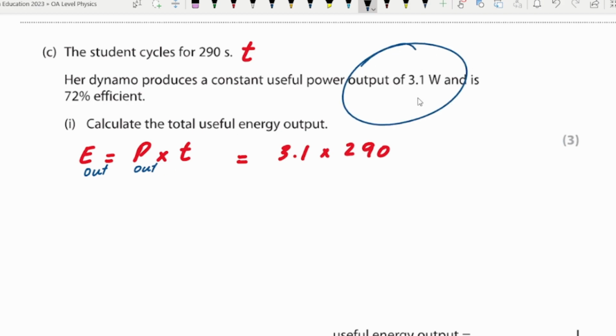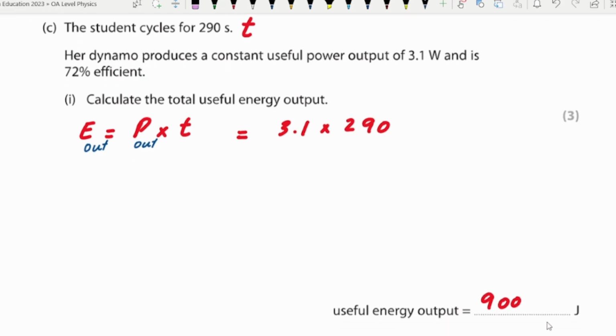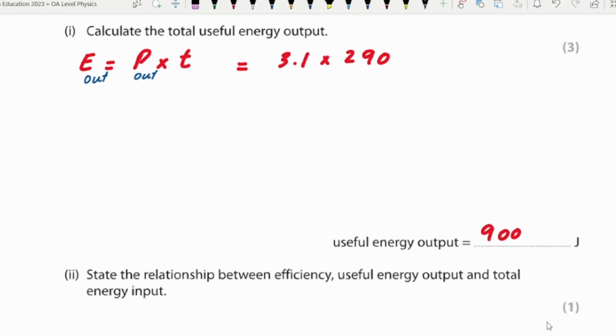And this itself is the output power. The effect of 72% is already included in it. So if I hit it on the calculator, you get 819. We can write it as 900 joules, sorry. The unit is already there, given.